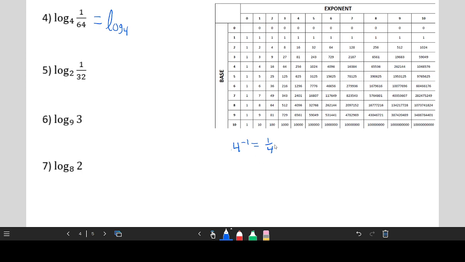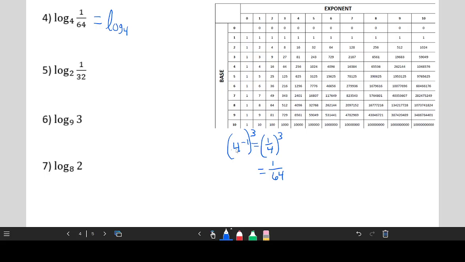So then the question is, what do we raise 1/4 to get 1 over 64? Well, 4 cubed is 64, right? So if we cube both sides of this, 1 cubed is 1, 4 cubed is 64.